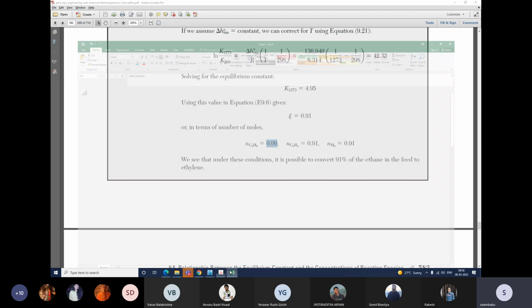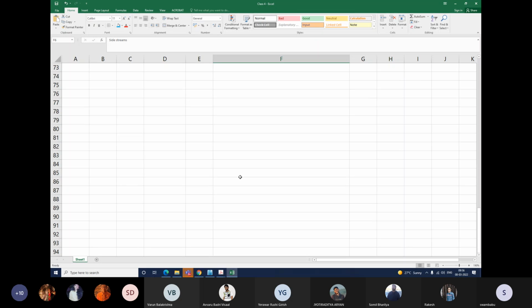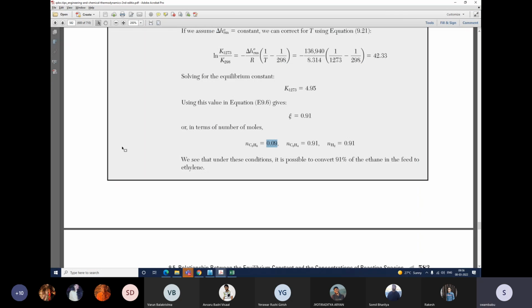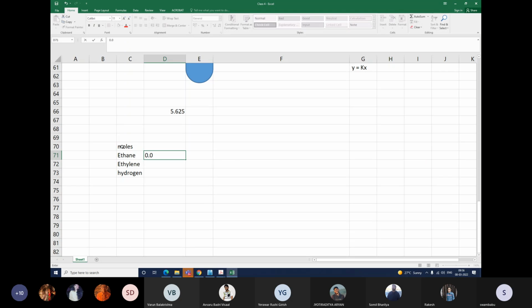So let's go to here, moles of ethane, ethylene, hydrogen. So the moles is 0.09 and 0.91, and 0.91.